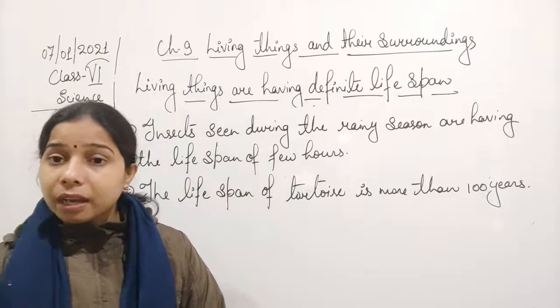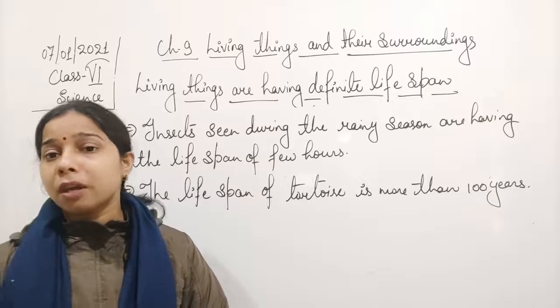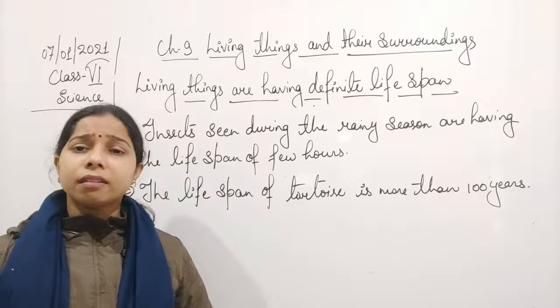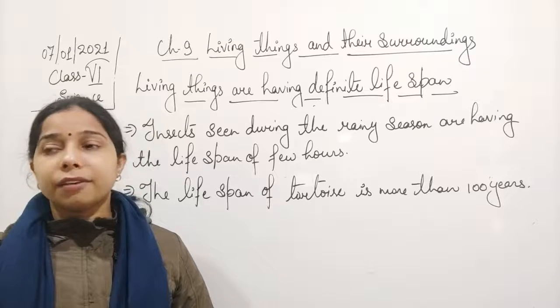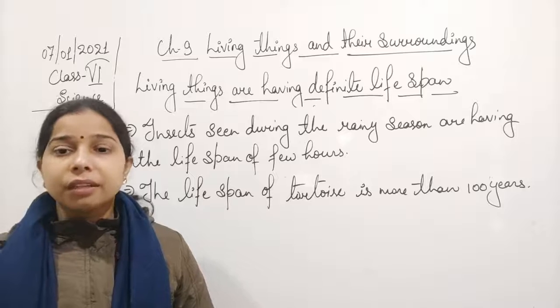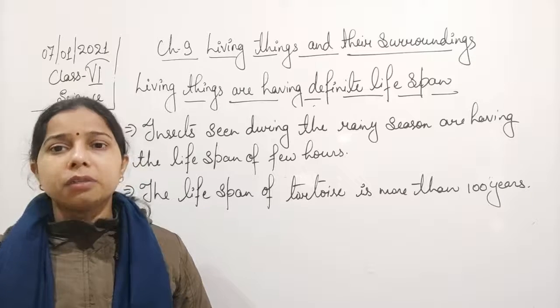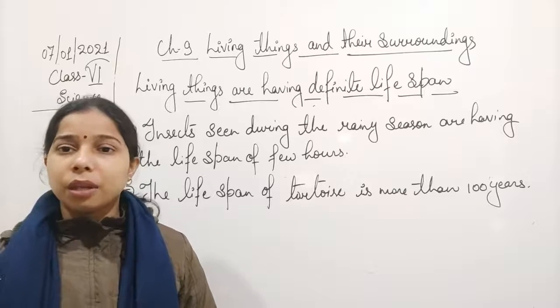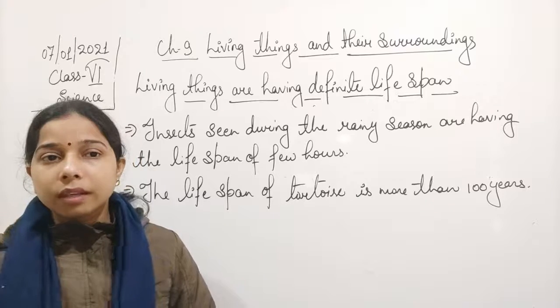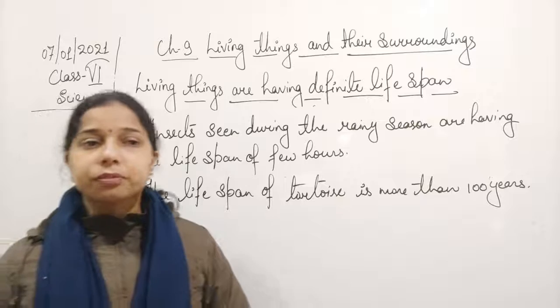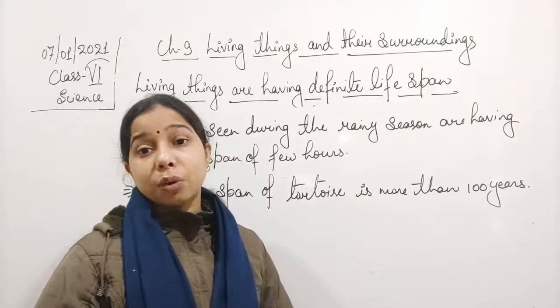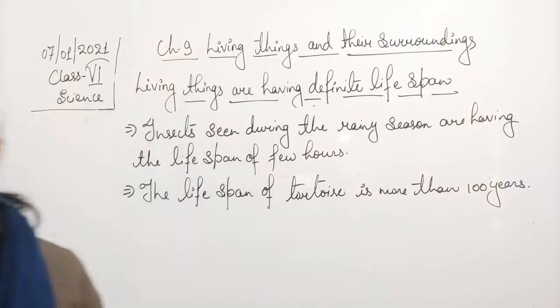Do non-living things have a definite lifespan? No, if you have kept it properly, they can remain there for more than 100 years or 20 years or for 10 minutes. You never know. So it is not like that they have a definite lifespan. Okay, so this was about the characteristic of the living thing.